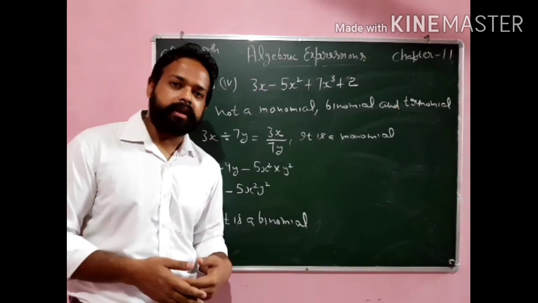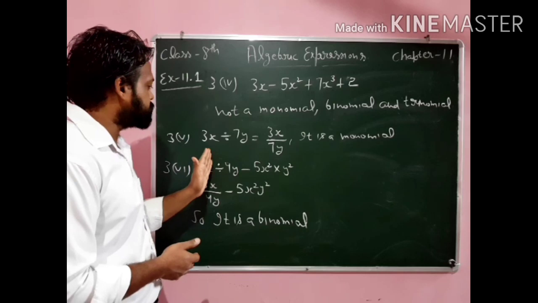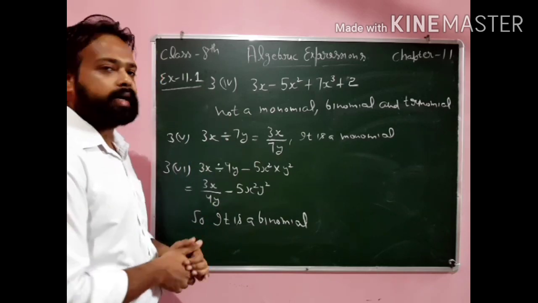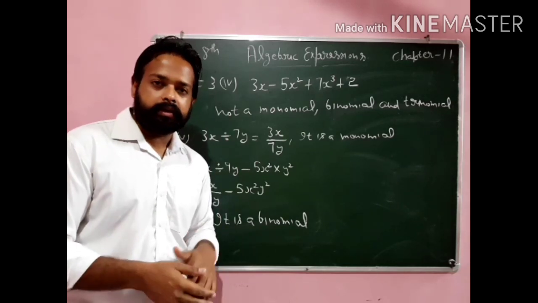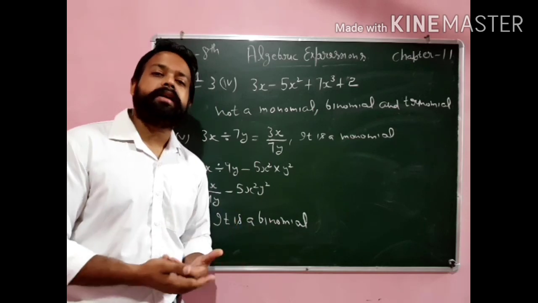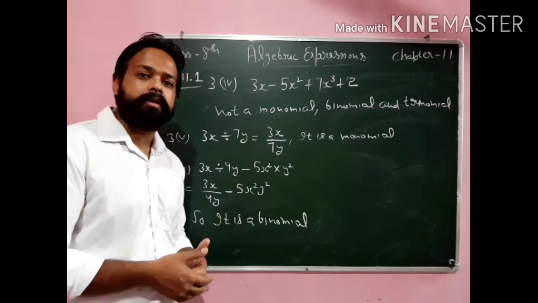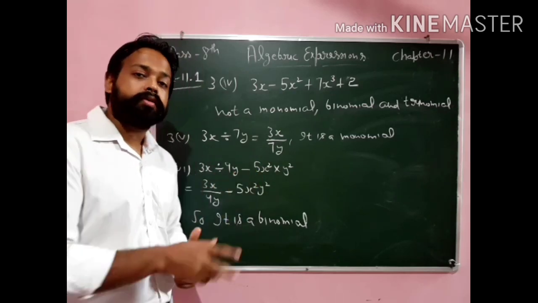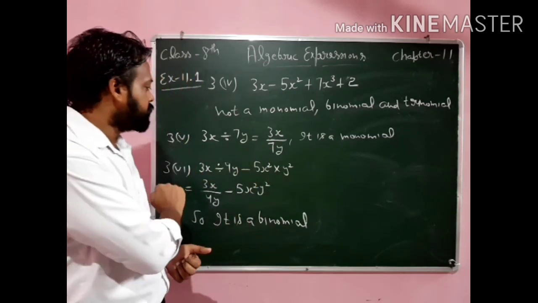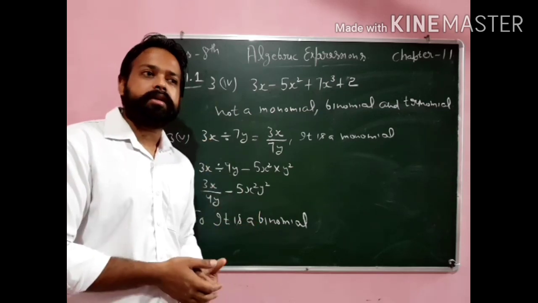Okay, now you can see the fifth part of the third sum, 3x divided by 7y. As I already told you, only the plus and the minus sign decide the number of terms in the polynomial. Here is a sign of division, so we cannot say that there are two terms. It means we have to solve this one first of all.